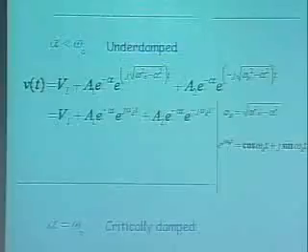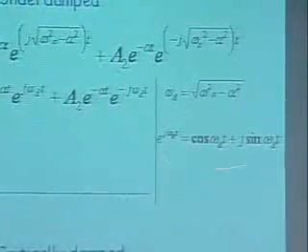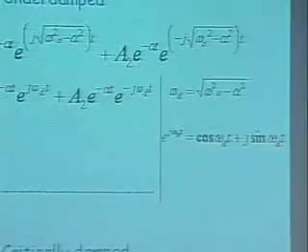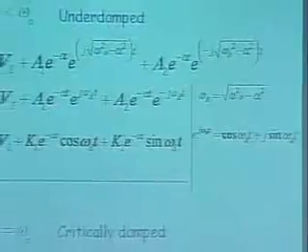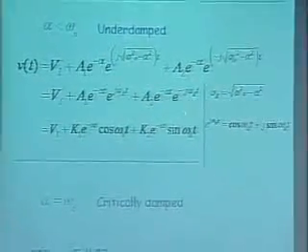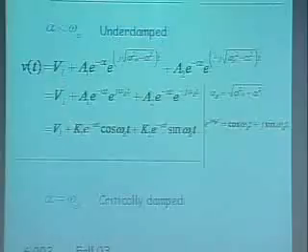And then, remember from your good old Euler relationship, e to the j omega d is simply cosine plus j sine. I'm just going to blast through a bunch of math rather quickly. Once I replace this in terms of a cosine and a j sine, and then collect all the coefficients together, I get an equation of the form V1 plus some constant times e to the minus alpha t cosine plus some other constant times e to the minus alpha t sine.